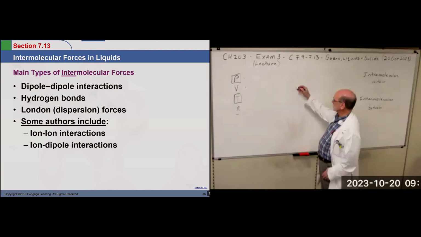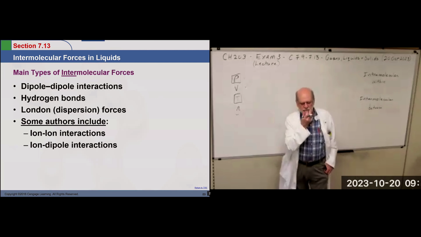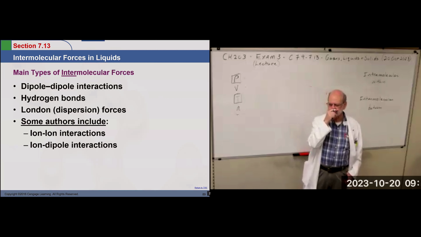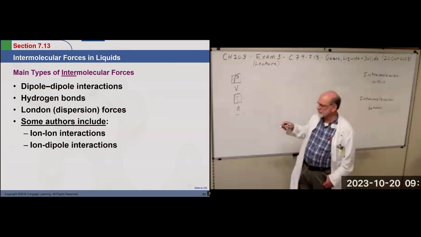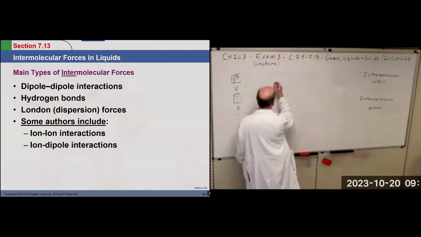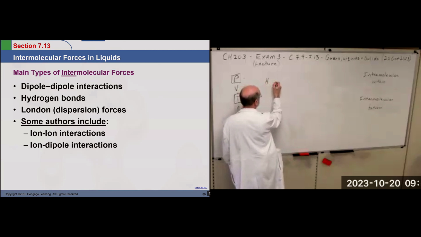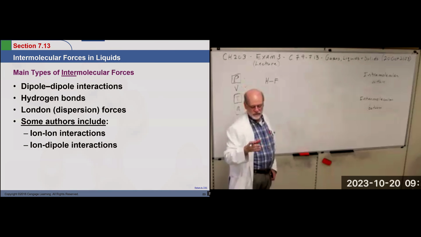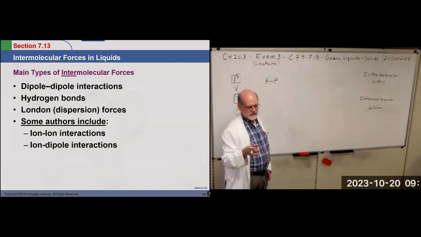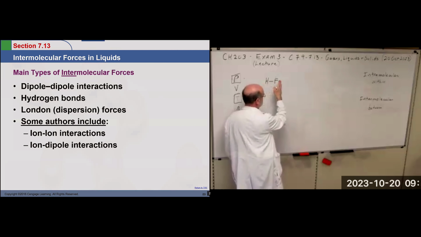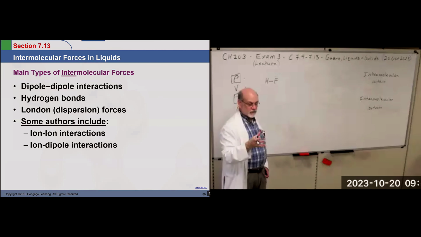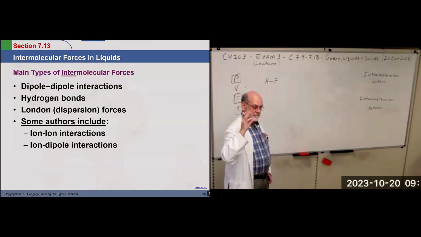Water molecules. Let's use a different one. How about hydrogen fluoride? Got a single bond like that. Remember when we drew the Lewis dot structure for these? That's it. Hydrogen fluoride.